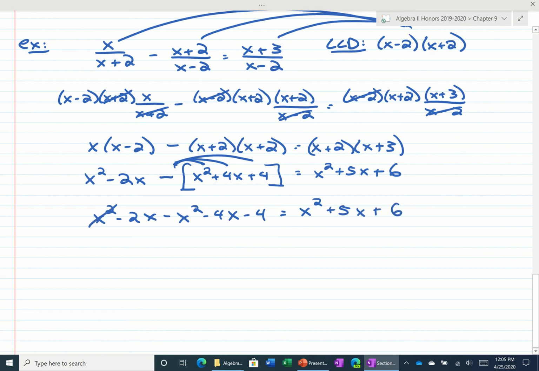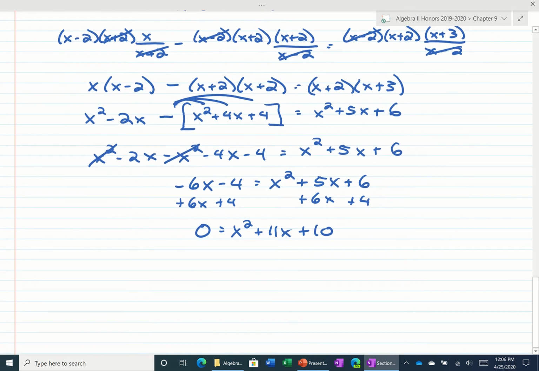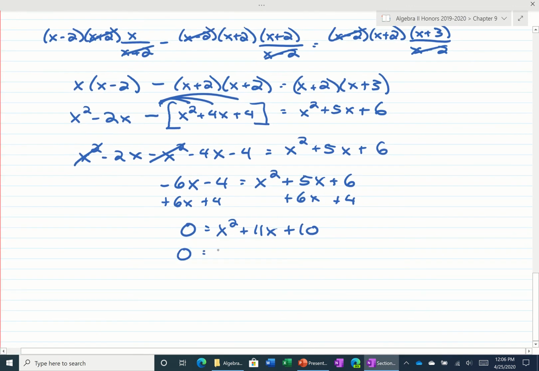All right, so these x squareds cancel. This would be minus 6x minus 4. Remember, whenever we get to a certain point in the equation, we want to make sure that it's equal to 0. And then if we factor, we would get x is equal to negative 10, and x would equal negative 1.